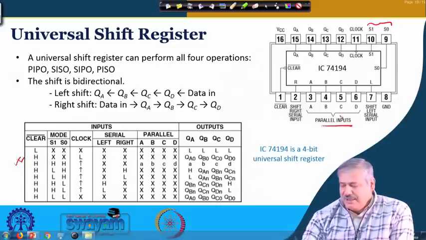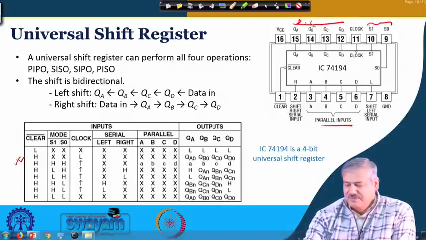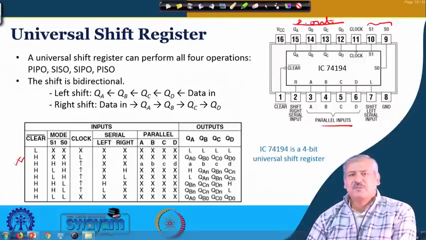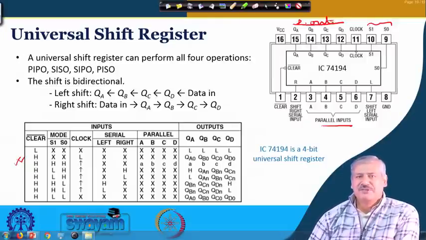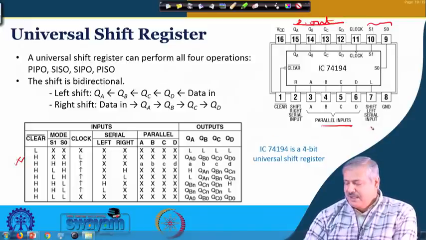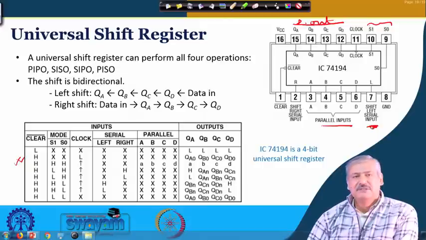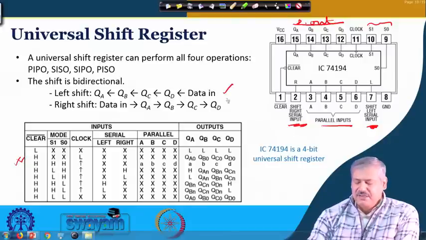So, what else is there? Parallel in and parallel out, you can see this is parallel out, because that option also needs to be made available. It is a universal shift register, all possible things. Then shift left serial input and shift right serial input, both need to be there to have bidirectional shift.